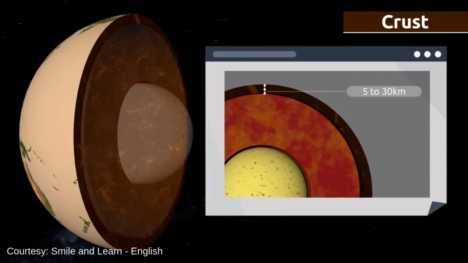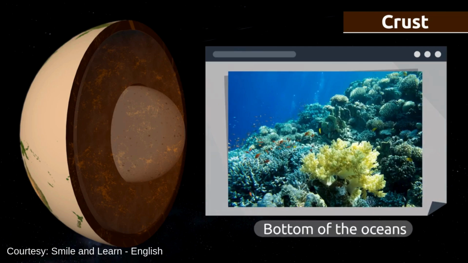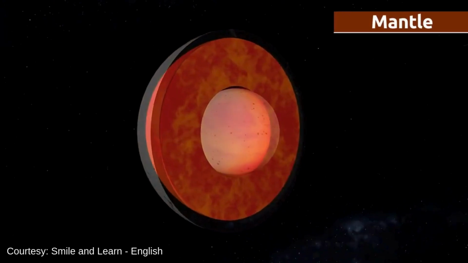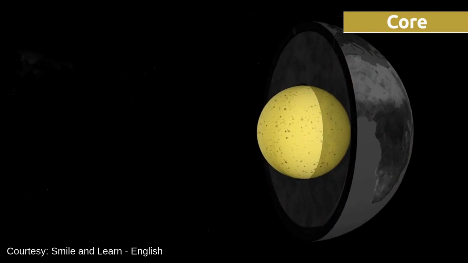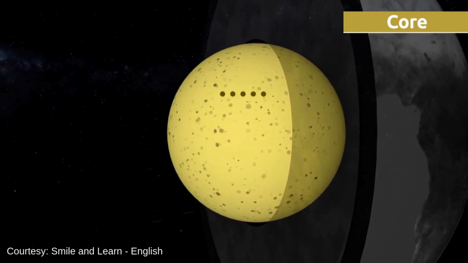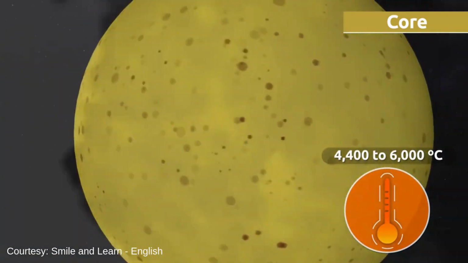Each layer has its own unique characteristics. The crust is the outermost and thinnest layer where we live. The mantle is made of semi-solid rock. And the core, both outer and inner, is made mostly of metals, with the inner core being solid and the outer core being liquid.